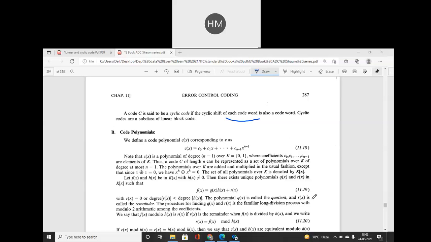So what will be the maximum degree of code C of length n?